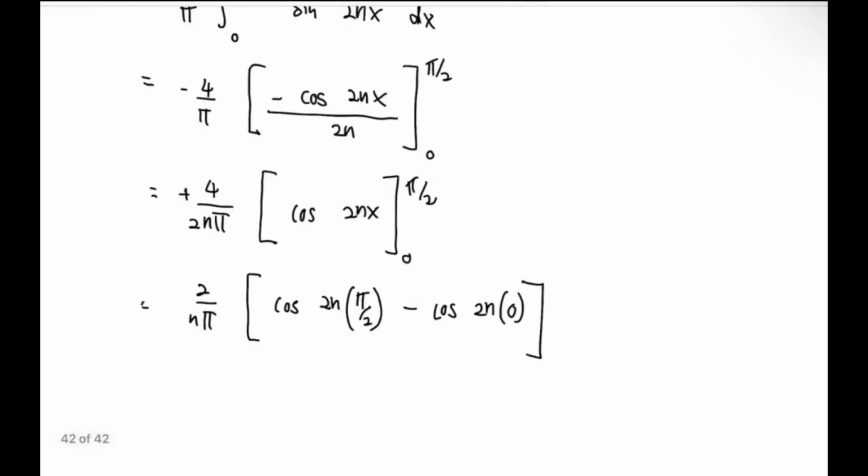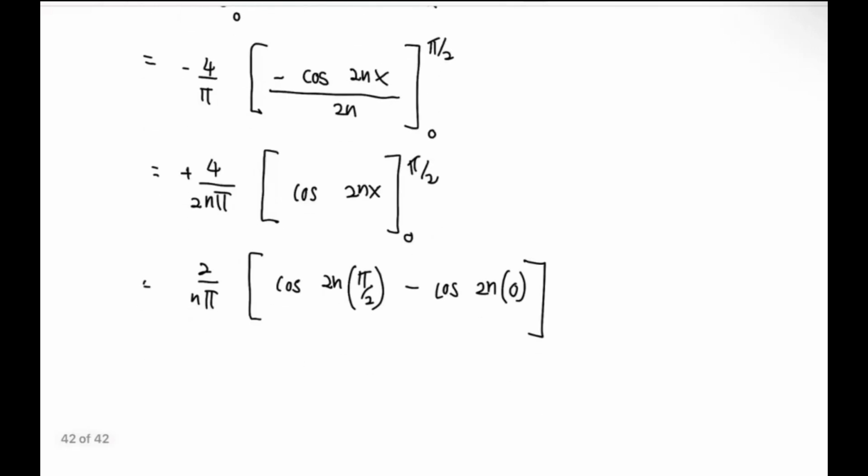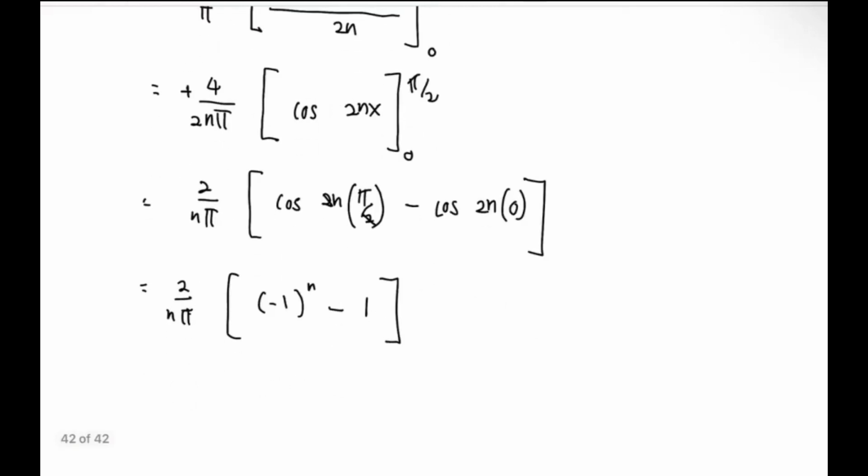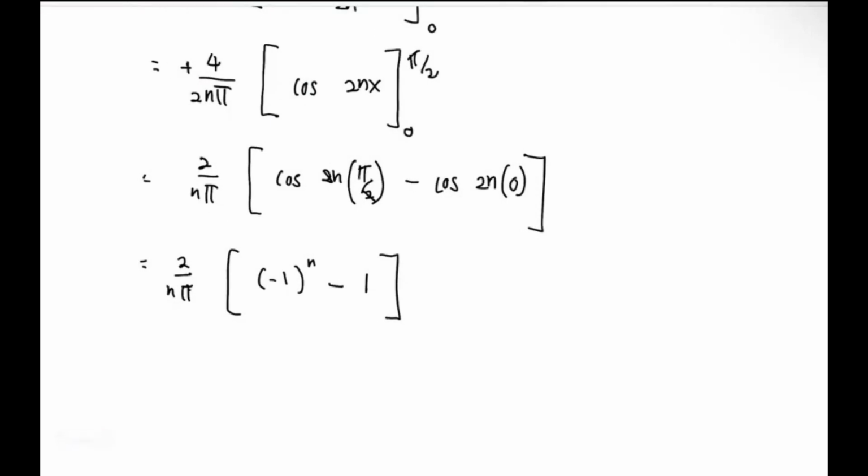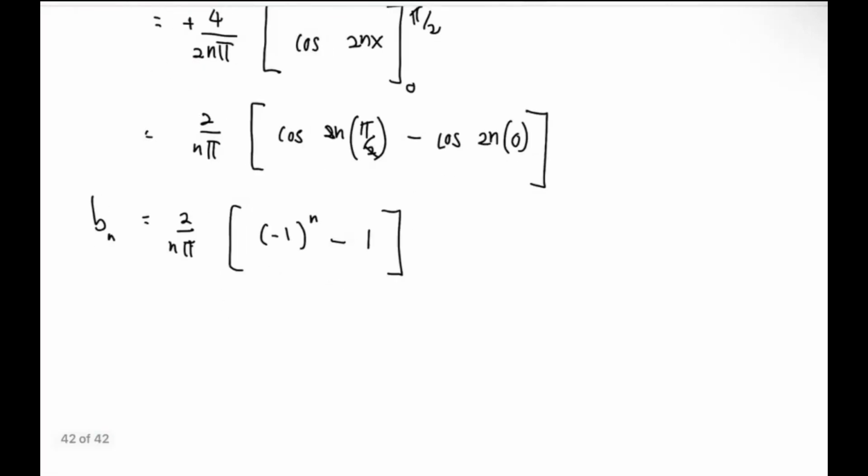So substitute x: 2n multiplied by pi over 2 will be n pi. cos n pi is negative 1 to the power of n, minus cos 2n times 0. cos 0 is 1, so minus 1. Hence, this is our bn. So bn is 2 over n pi multiplied by (-1)^n minus 1.